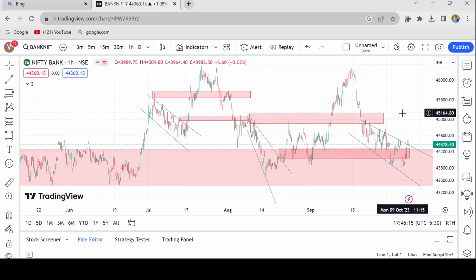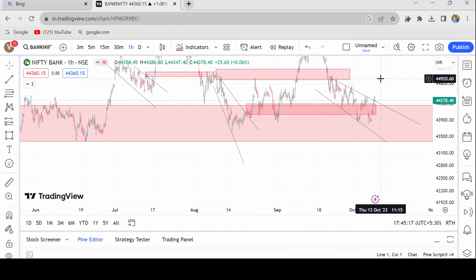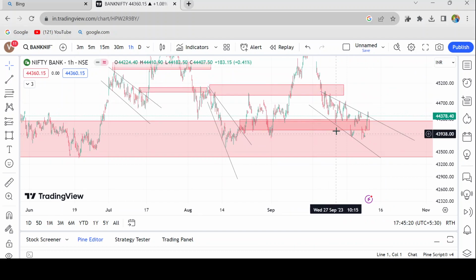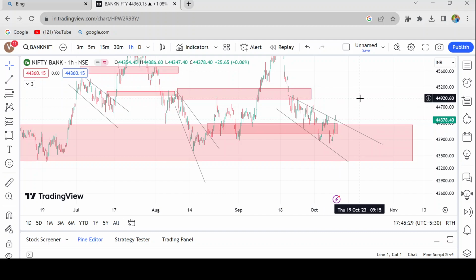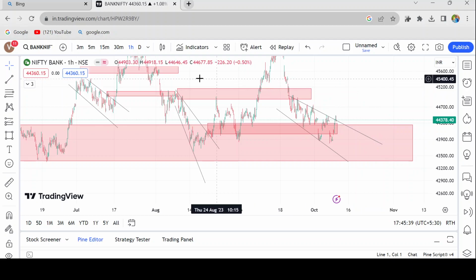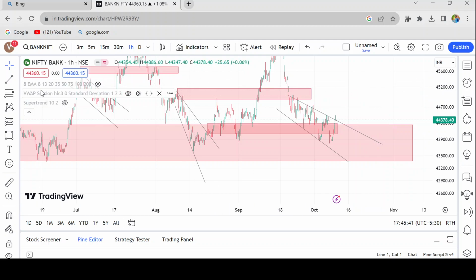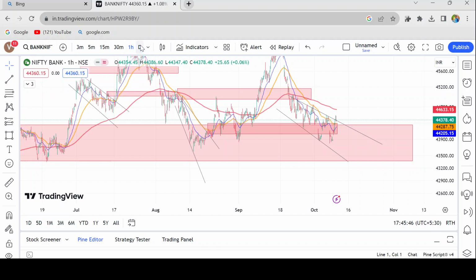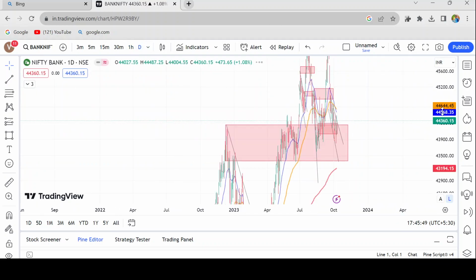This wedge, when it came back to this demand zone, is actually forming a wedge pattern over here. So we are expecting one more bigger retracement till over here, and then we are expecting a mega bounce, because on the daily time frame we see the 200 EMA coming right over here.